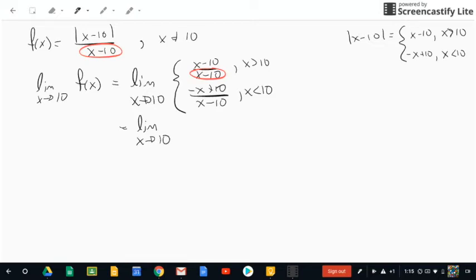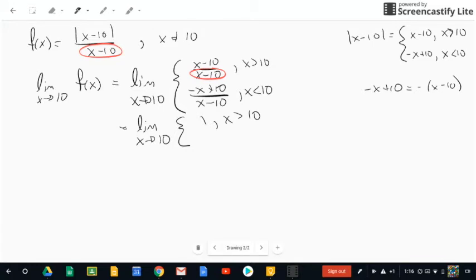So this is the limit as x approaches 10. Now notice x minus 10 divided by x minus 10 is going to be 1. And that will still be true as long as x is greater than 10. Negative x plus 10 is the same as negative x minus 10.